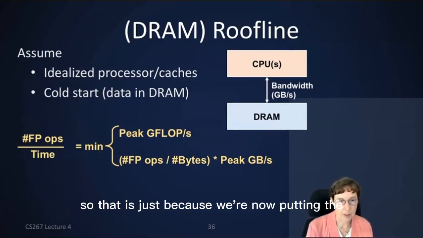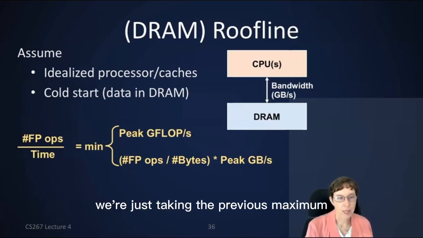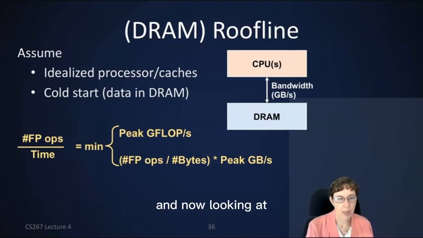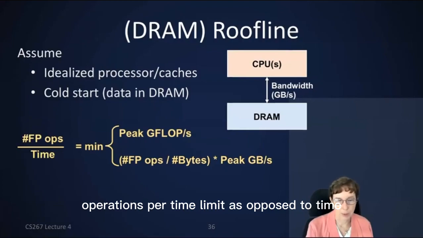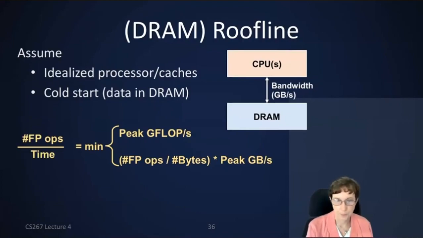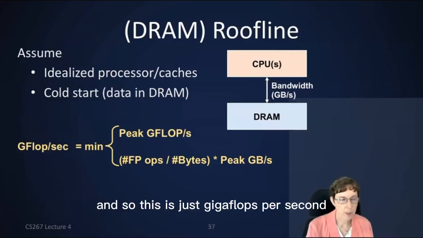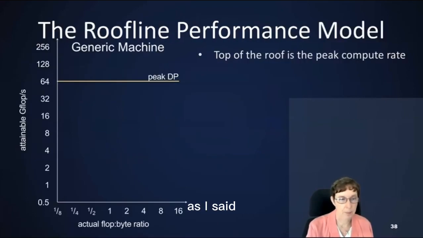That is just because we're taking the previous maximum and now looking at operations per time limit, as opposed to time in the numerator. And so this is just gigaflops per second, as I said.